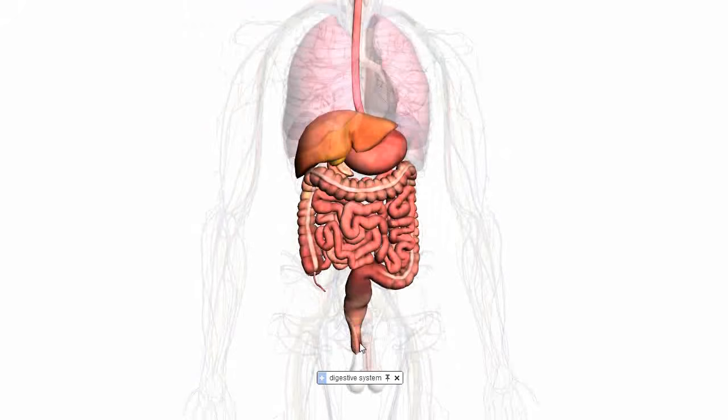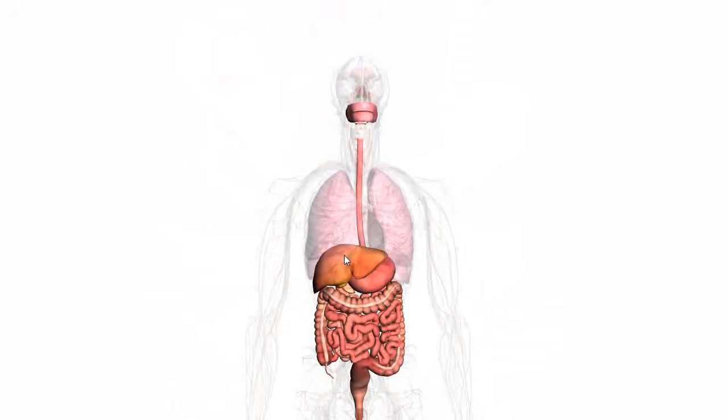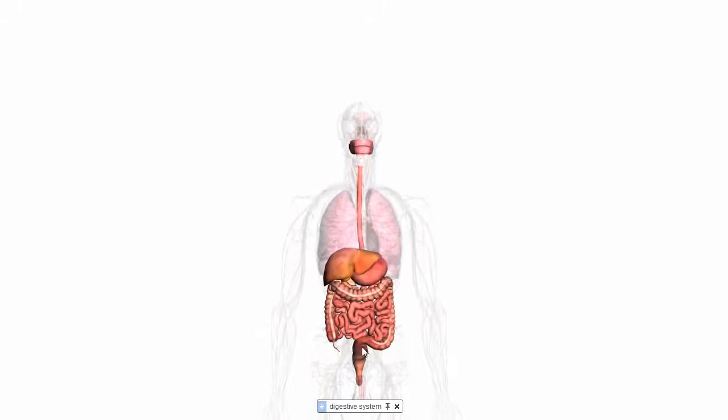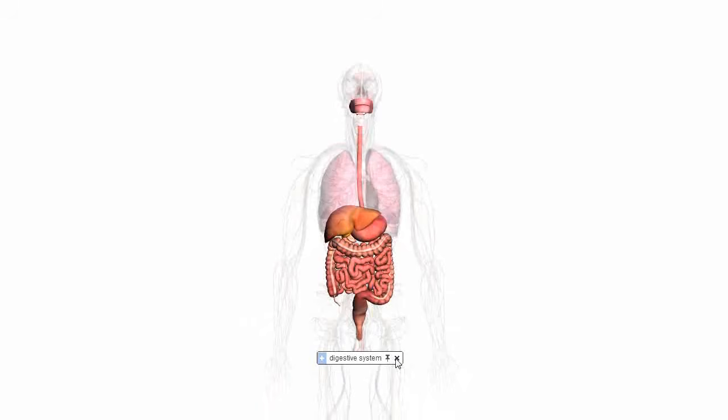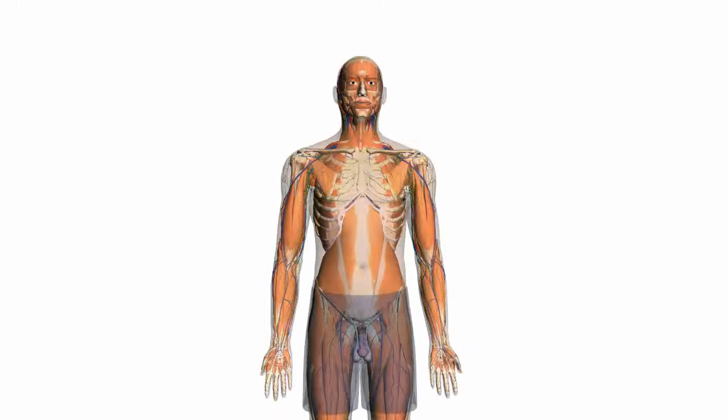And the anus is the most distal part of the digestive system. So we could say that the stomach is distal to the esophagus. We could say the anus is distal to the stomach. The stomach is proximal to the anus. Okay.